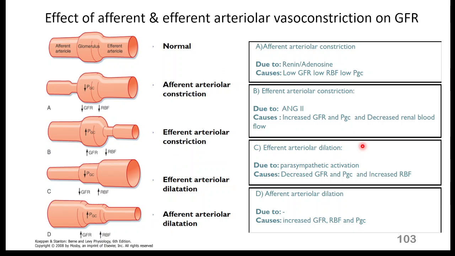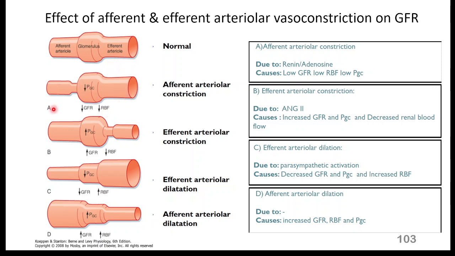All right, so let's now talk about the effect of arteriolar vasoconstriction and vasodilatation on GFR, whether it is afferent or efferent. Now, this first instance here is a normal situation where the afferent arteriole and the efferent arterioles are at their normal diameter. The vascular resistance is normal.